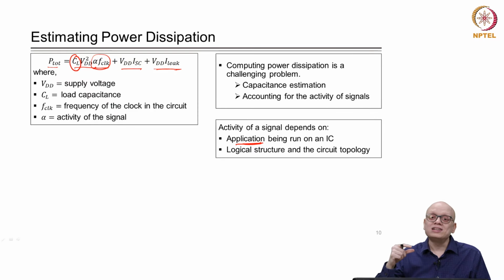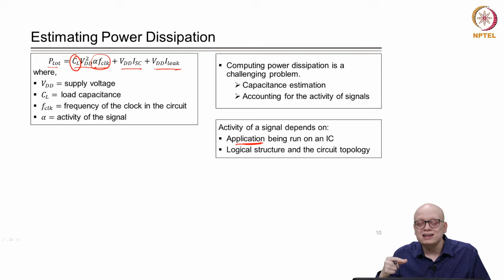Depending on what application is running with the help of this processor, the switching activity can be higher or lower. For example, if we are doing video rendering, the activity can be much higher. But if we are just editing a document, maybe the activity may be lower.